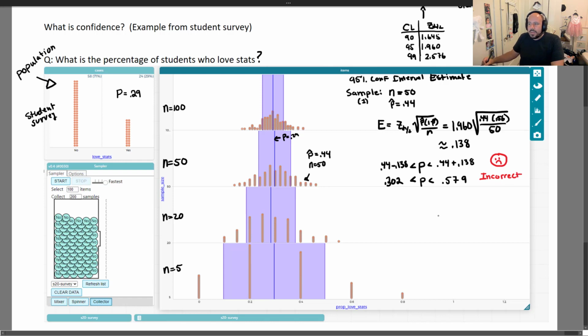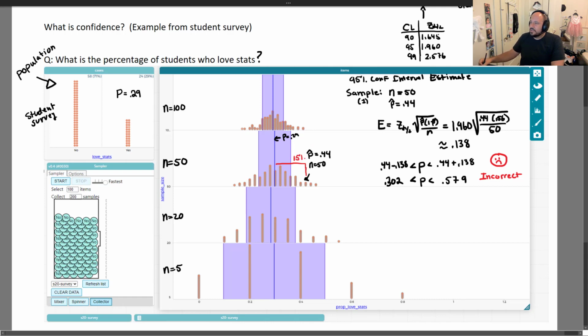Okay? And what do I mean by being incorrect? Well, basically, I didn't get the right value in this interval. I didn't capture the right value. And the main reason why I didn't catch the right value is that, well, guess what? The actual error, the actual distance from the 44 to that 29, which is how far things actually are from each other, is equal to, where did I actually have it written down? It's equal to 15 percentage points.